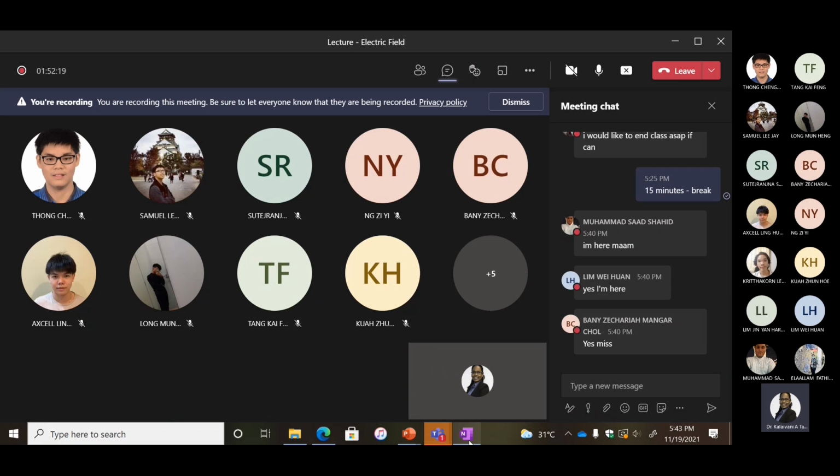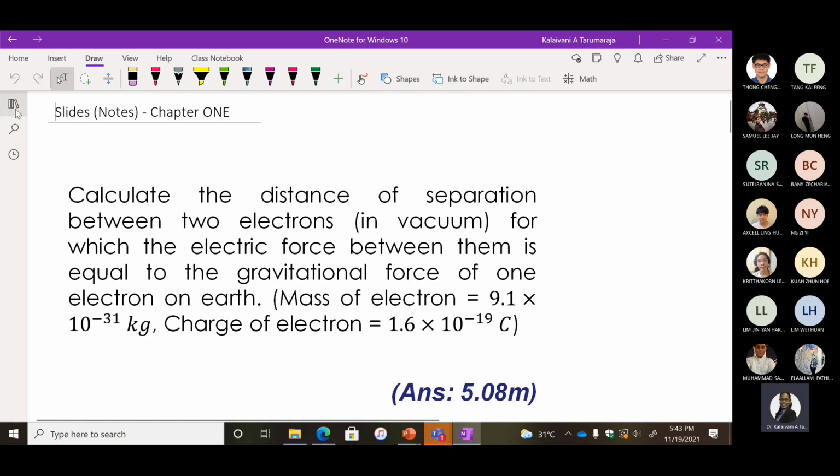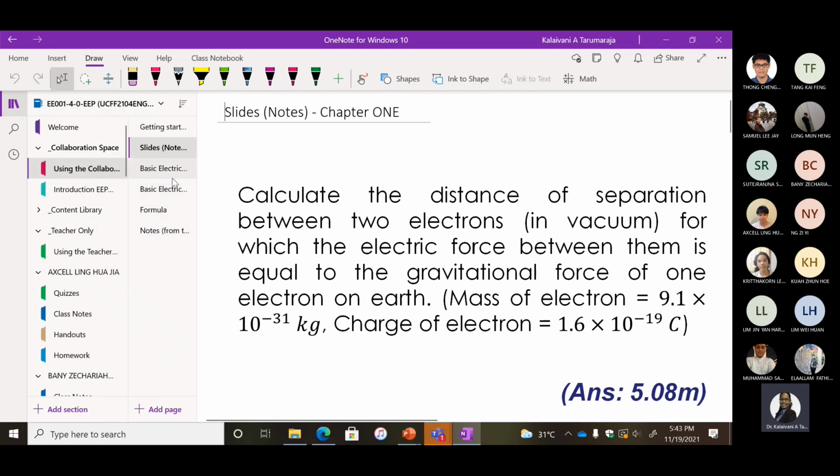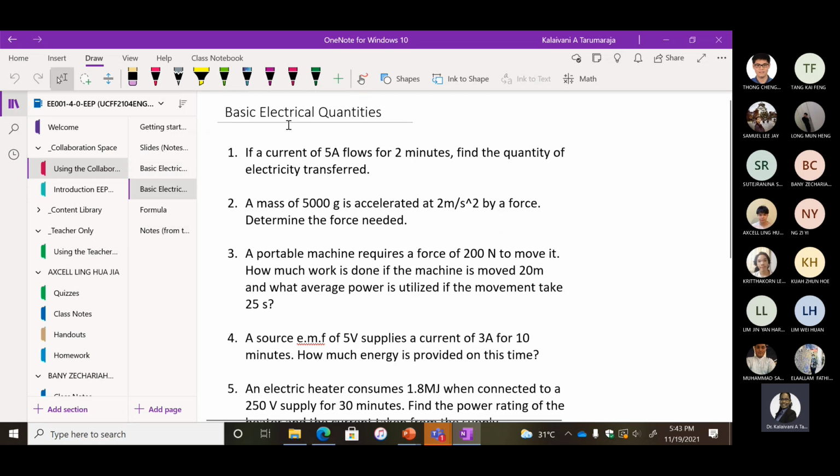Take note of this. At the same time, the first one is a demo. You can find one more part here, based on the principal electrical quantities. This is one more task.